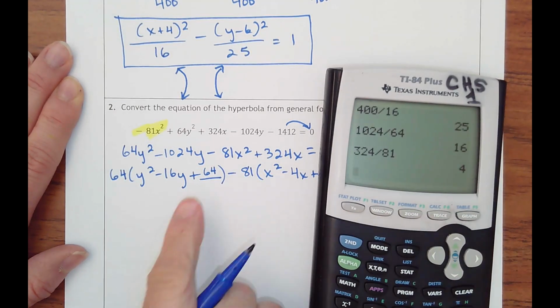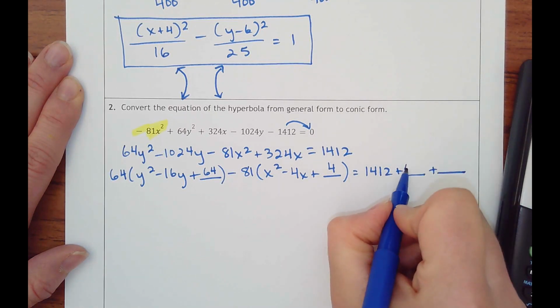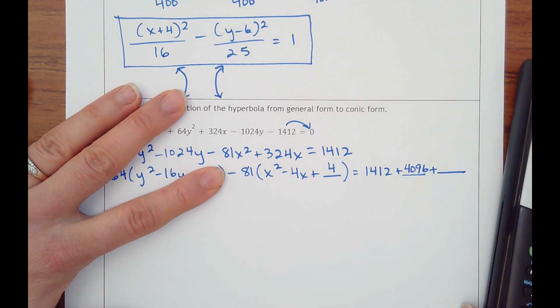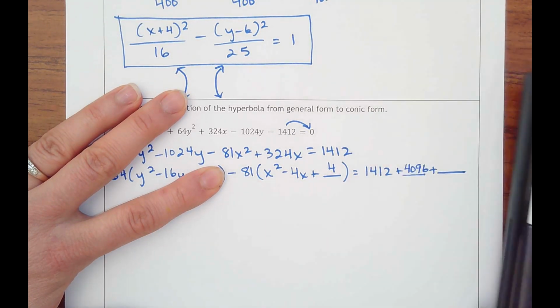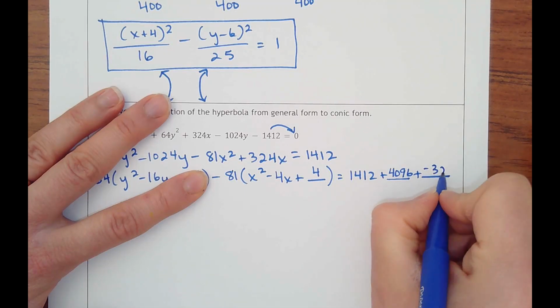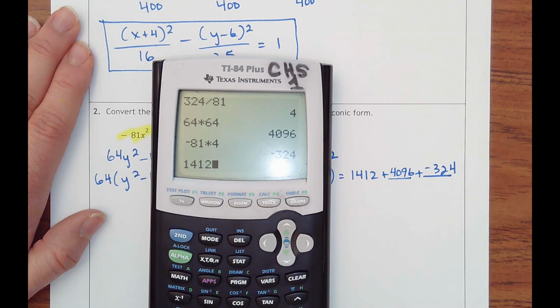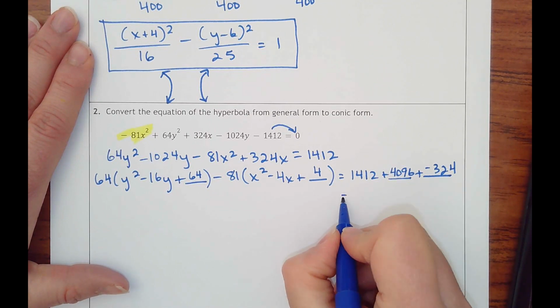Okay, so then I'm not really adding 64, I'm adding whatever 64 times 64 is, which is 4096. And whatever negative 81 times 4 is, which is negative 324. Okay, and then that makes 5,184.